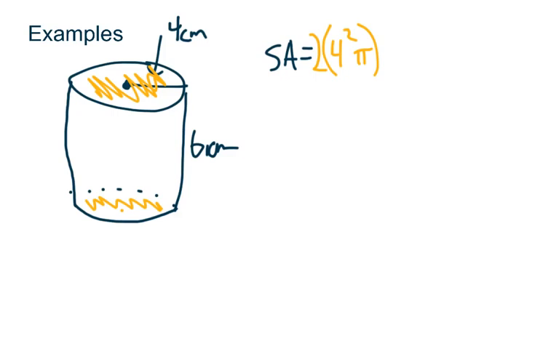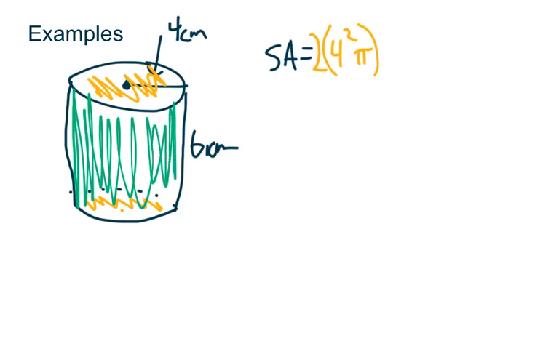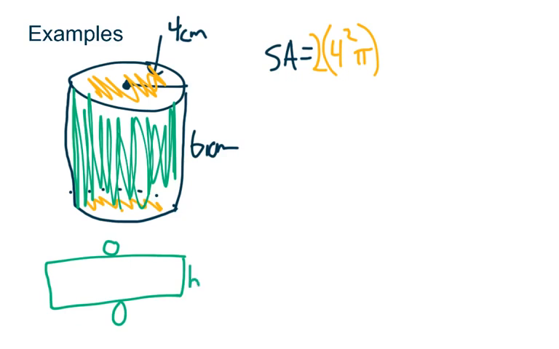Now we need to find the area of this part right here. And again, that's where the net comes in handy, where it's a really long rectangle with the 2 circles, 1 on top and 1 on bottom. This part is your h, so in this case, that's going to be the 6. So plus 6 times, and then we need to get this length, which we said is the circumference of the circle, which is 2 pi r.